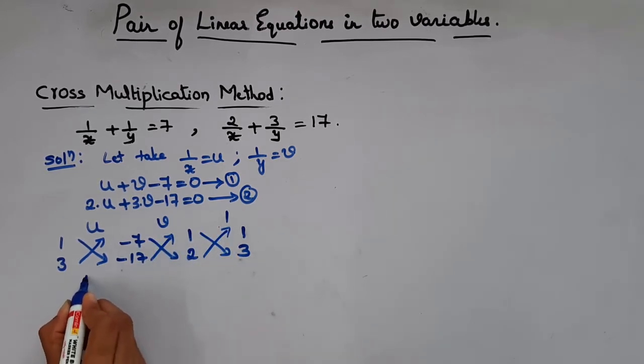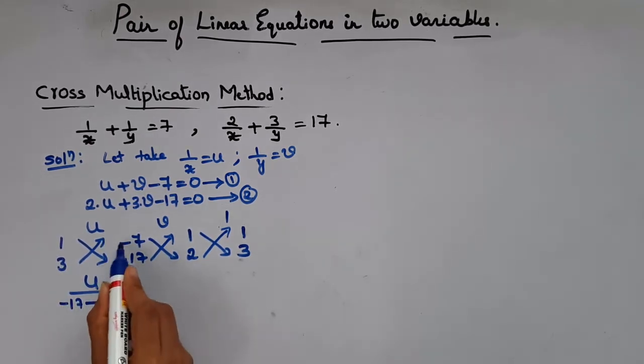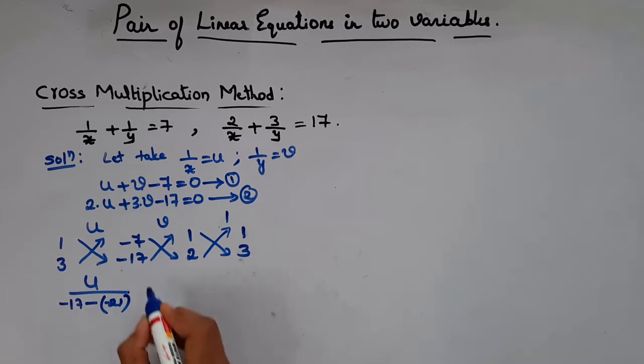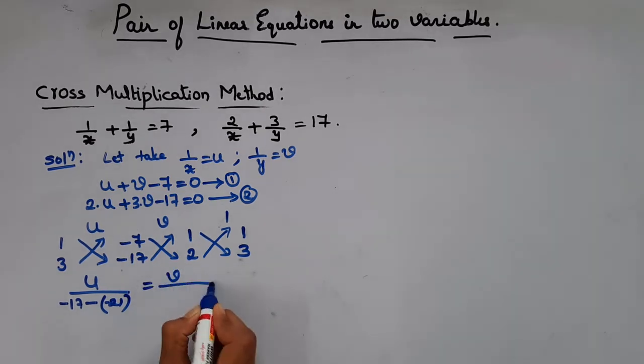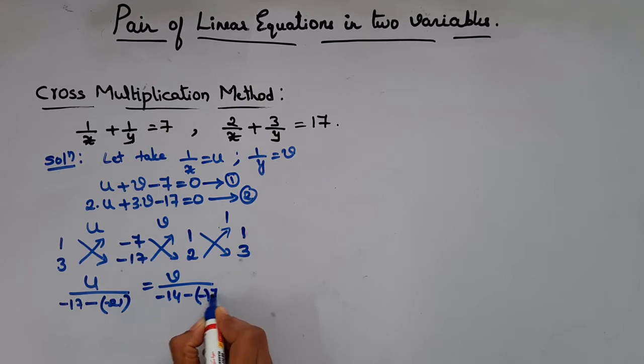So we have u by 1 into minus 17 is minus 17, minus 7 into 3, 7 3s are 21, minus 21, right? Which is equal to v by minus 7 into 2 is minus 14, and minus 17 into 1 is minus 17, right?